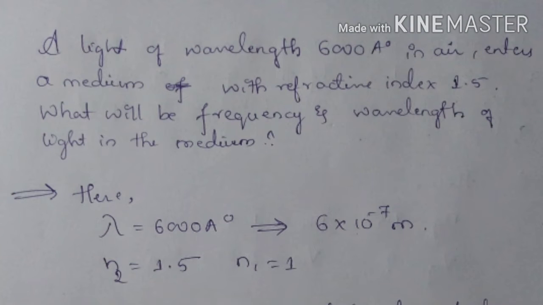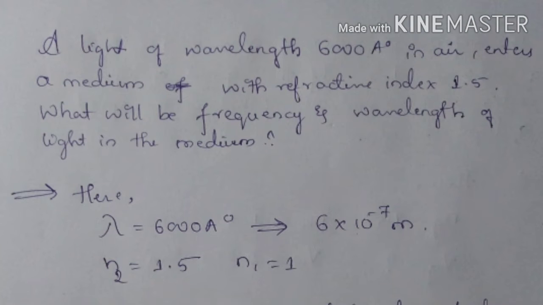So here we have the given data. Lambda here denotes the wavelength of light, that is 6000 Armstrong. Next, you can convert 6000 Armstrong into 6 into 10 power minus 7 meters. You can also keep lambda in terms of Armstrong, no issues.